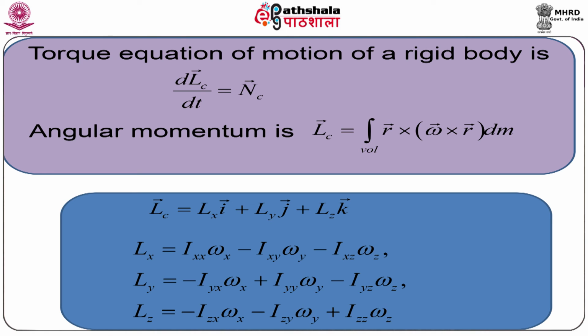Here L c vector is given by capital L suffix x i vector plus capital L suffix y j vector plus capital L suffix z k vector with respect to body set of axes. We have considered that capital Lx, capital Ly, capital Lz are the components of L c vector along x axis, y axis, z axis respectively.